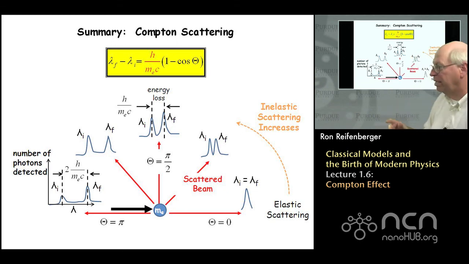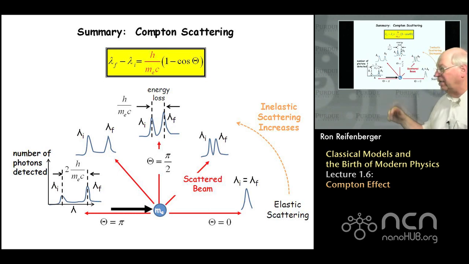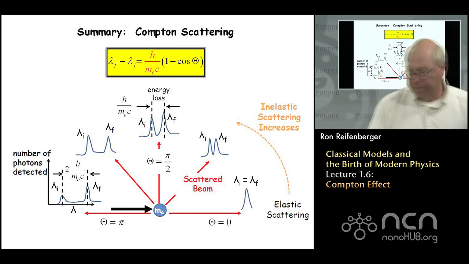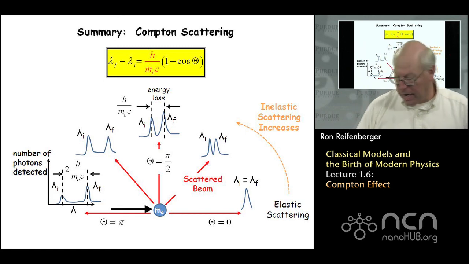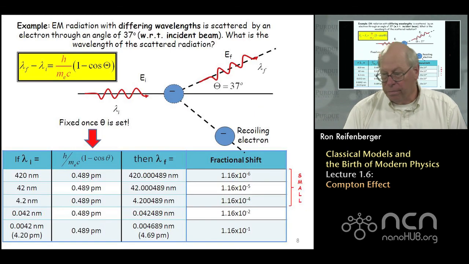So qualitatively, this diagram summarizes Compton's experiment, and it shows very nicely how you go from elastic scattering to inelastic scattering, where the energy lost by the photon increases as the scattering angle increases. So it's a very nice diagram to understand Compton's experiment.